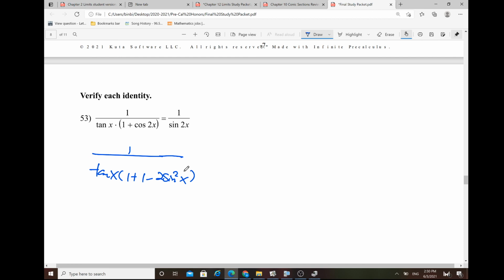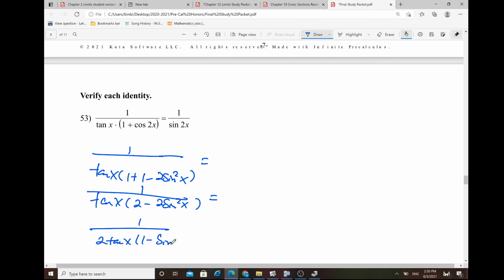So 1 plus 1 will be 2. So 2 minus 2 sine square of x. Okay, so it's a rational expression. Another thing we can do here is take out that 2, so 2 tangent of x, and then 1 minus sine square of x in the denominator.